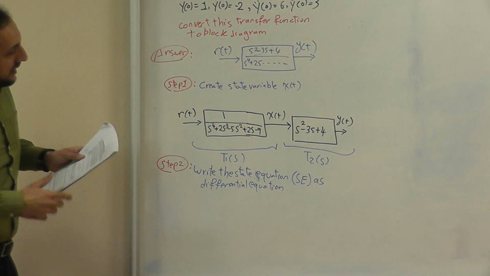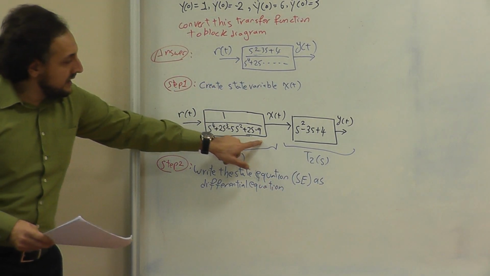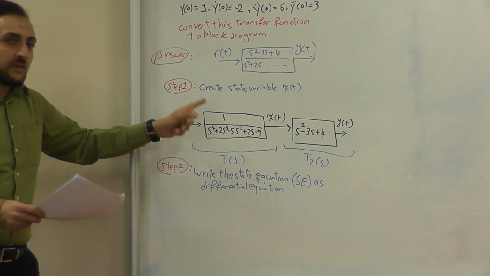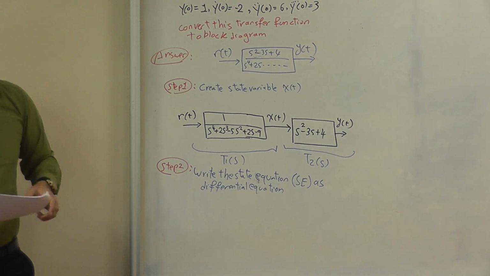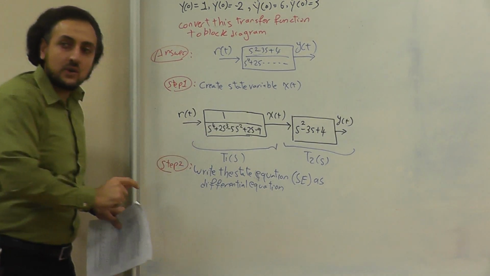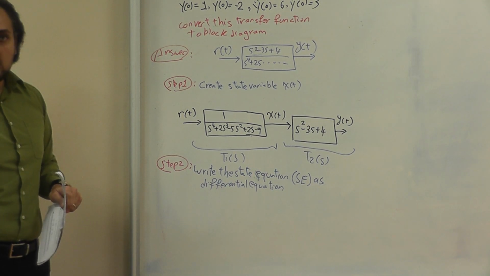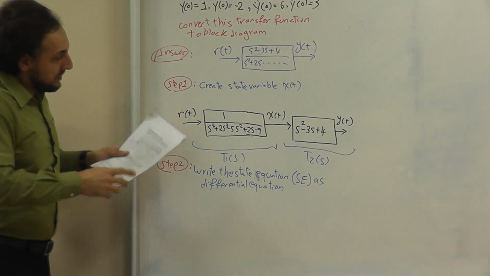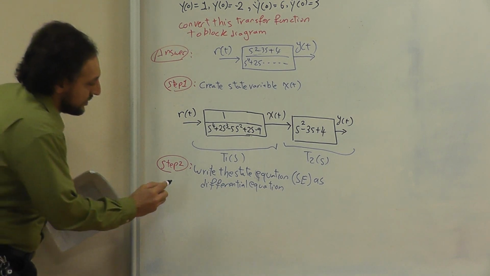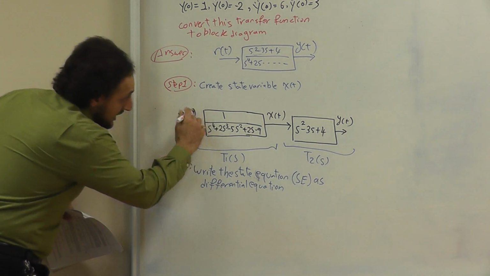Okay? Because look, here is Laplace form. Change from Laplace to differential equation I teach you previous week. For example, if this is order of 4, we will have differential equation order 4. Okay. So, but how we can do that? First, let's write the transfer function.